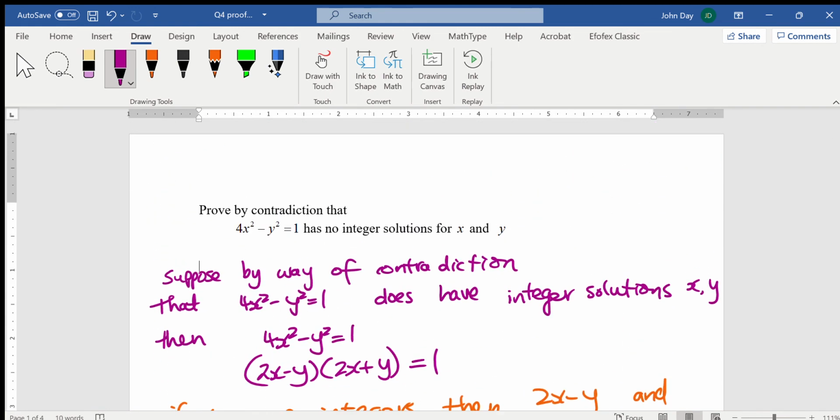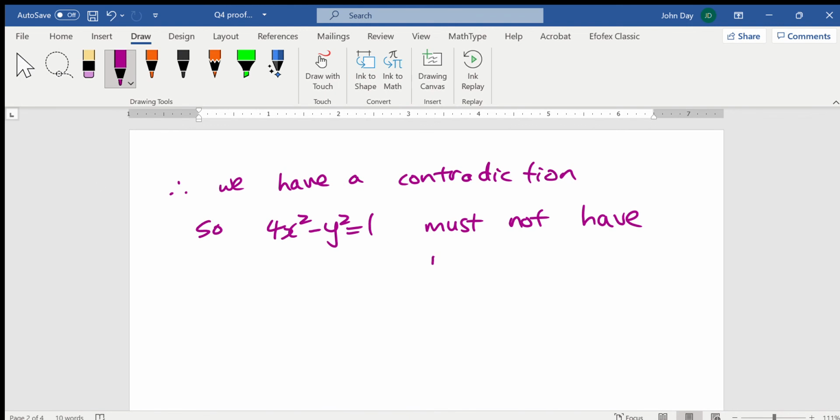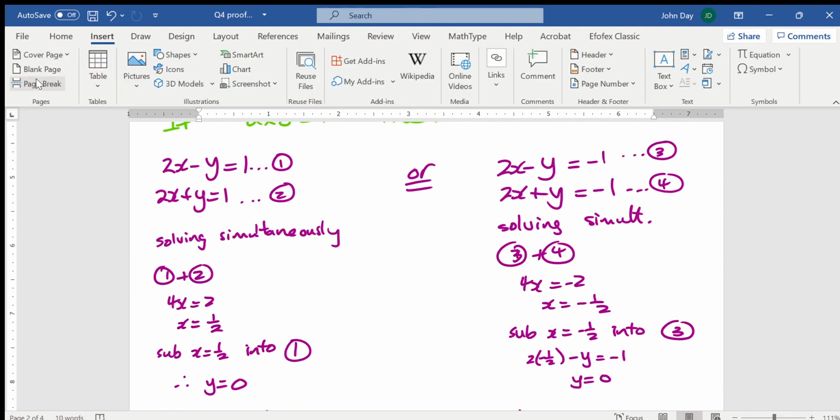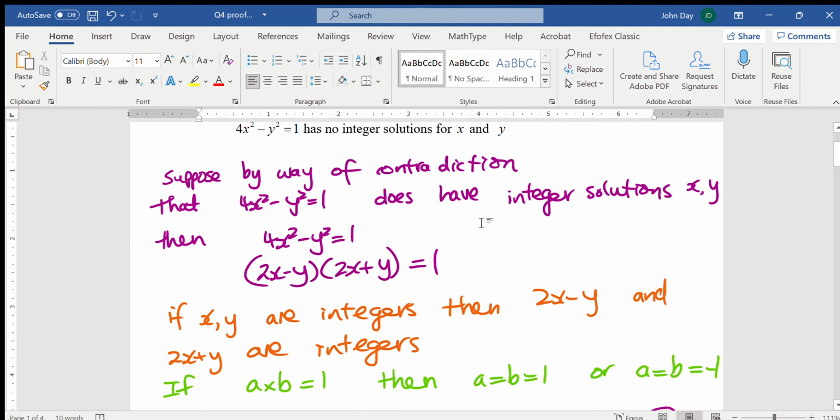So we assumed that it was actually a possibility that it had such solutions, that x and y were both integers, which made 2x minus y and 2x plus y also be integers, which meant that 2x minus y and 2x plus y both had to equal 1, or they both had to equal minus 1.